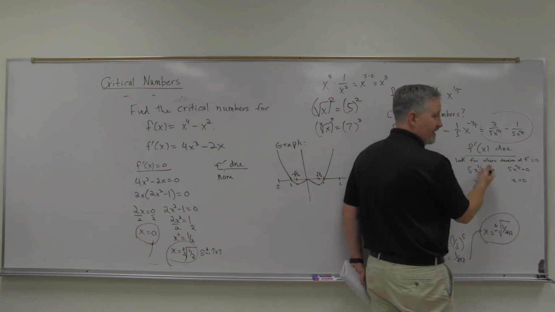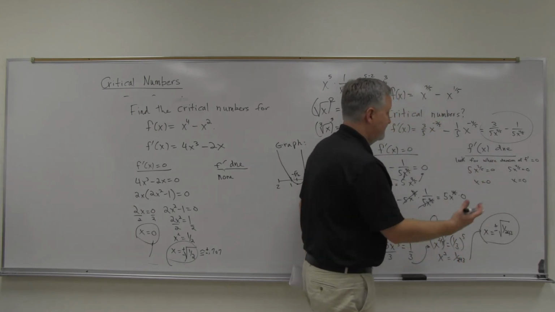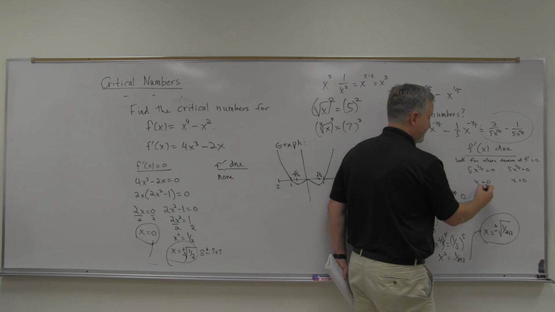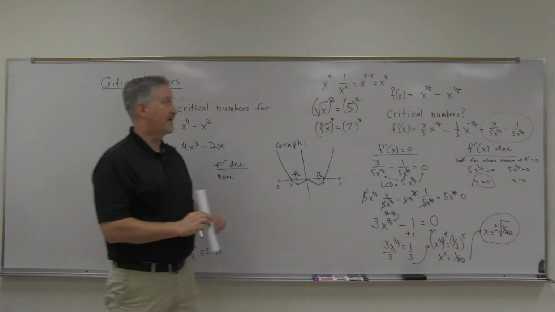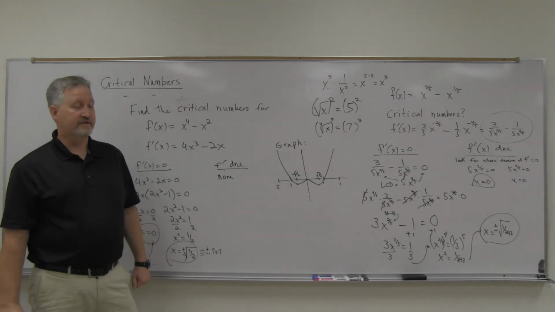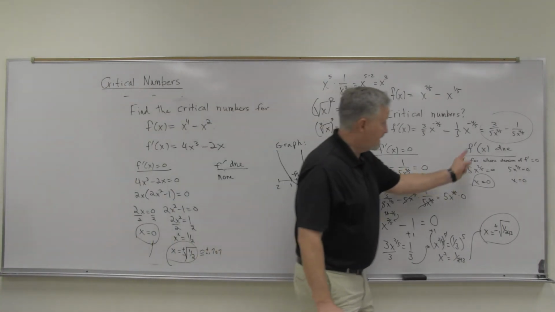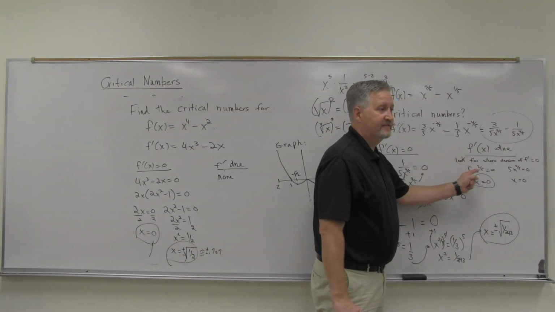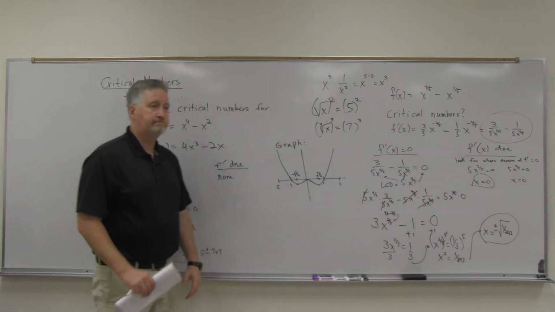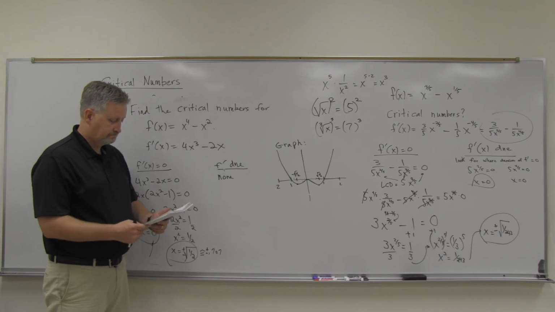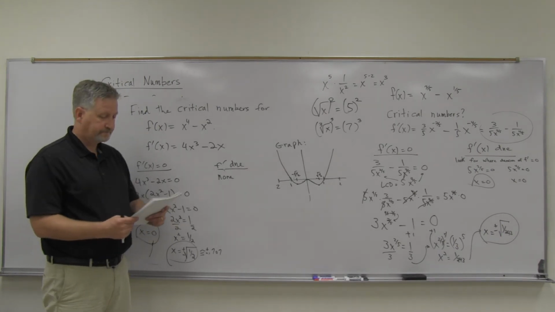You can go through the process and do basically the same thing here, but hopefully, clearly, it's 0. So that is another critical number here. 0 is another critical number besides the others. So sometimes you do get something from where the derivative does not exist.